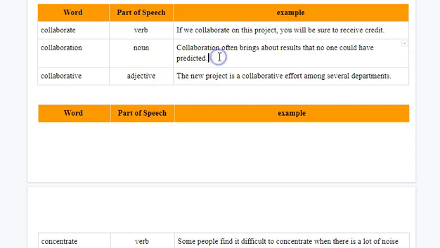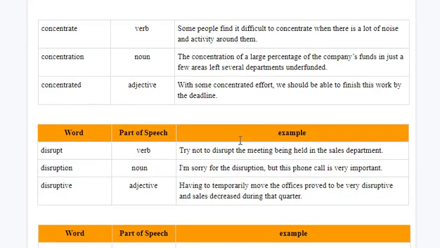Noun. Collaboration often brings about results that no one could have predicted. Collaborative. Adjective. The new project is a collaborative effort among several departments.